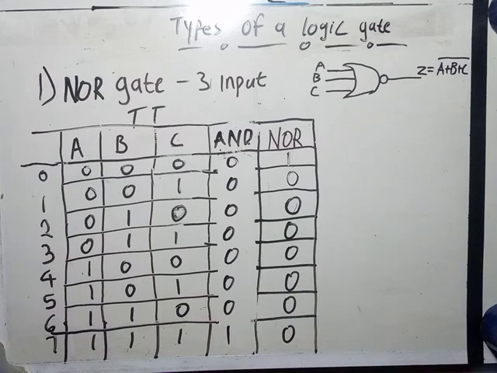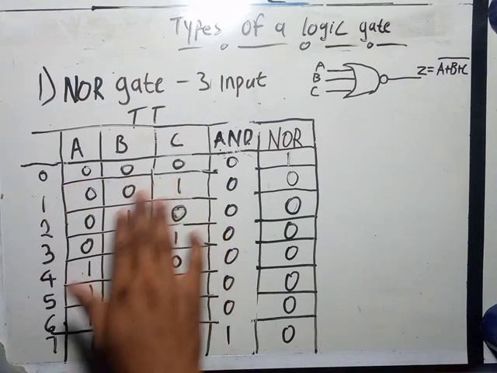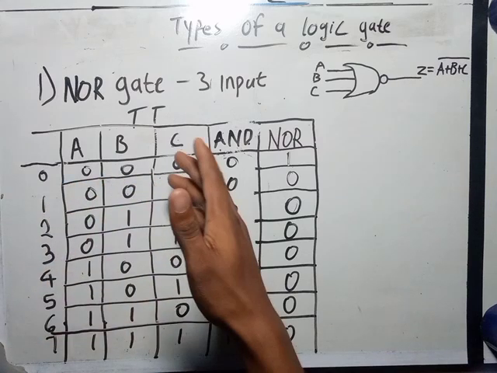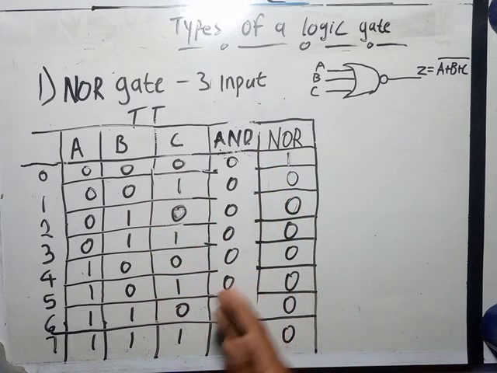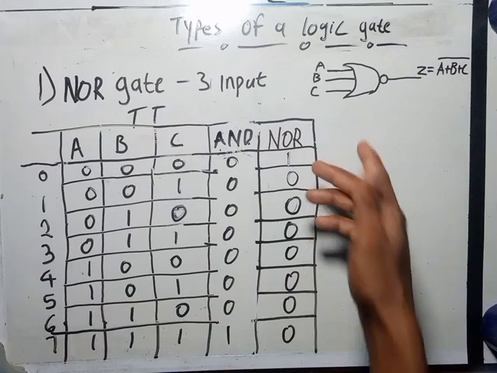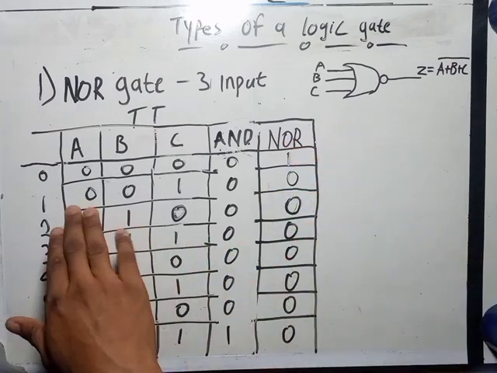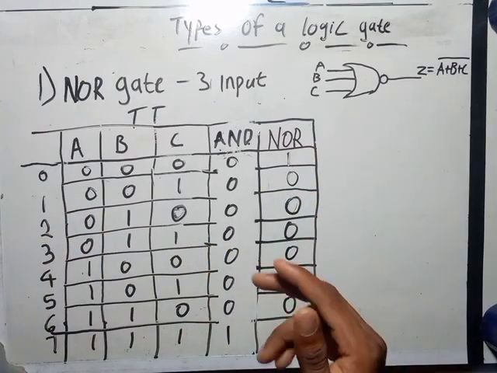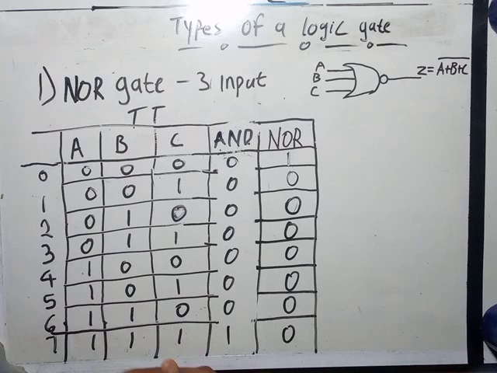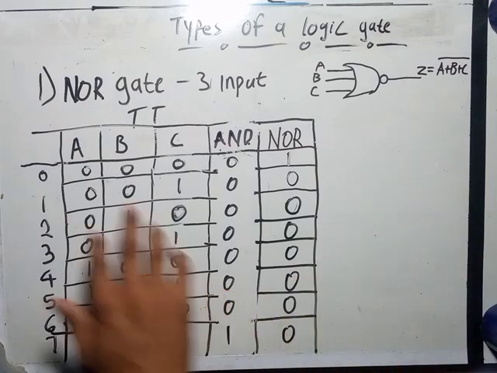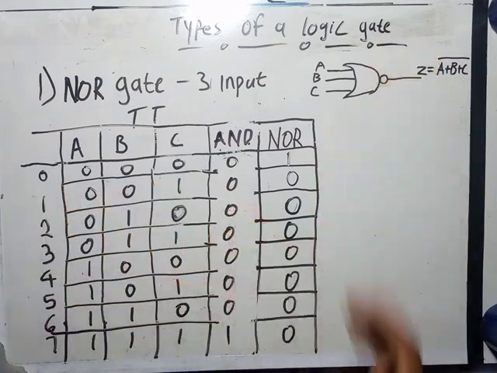This is telling us that so long as there is one low input, the output will be low. As long as the three inputs are high, your output will be high. This on the other hand is telling us that so long as there is a high input, your output will be low, and so long as there is no high input, your output will be high. So they're not the same. I'd like to clarify that.